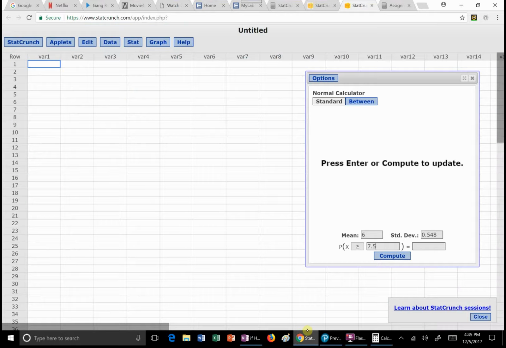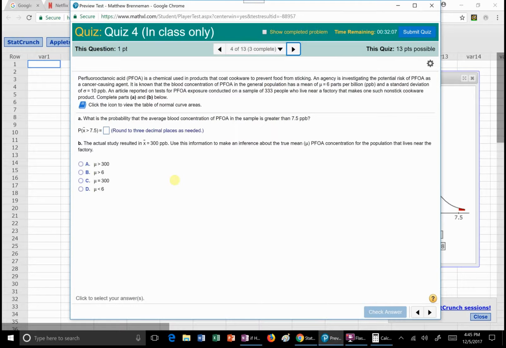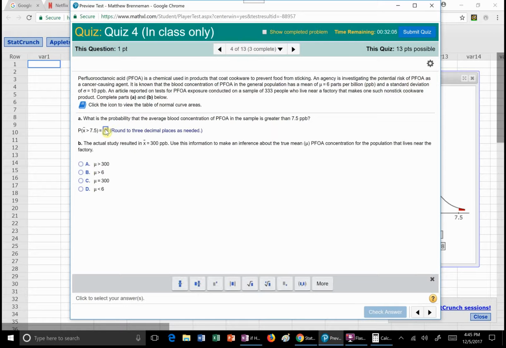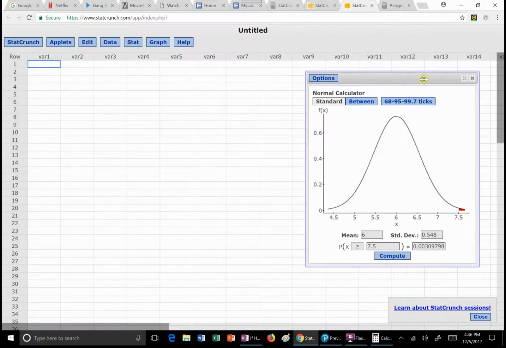And now I'm ready. And that's my probability. So it's 0.00309, okay? So this is the probability. It's what's in the tail.